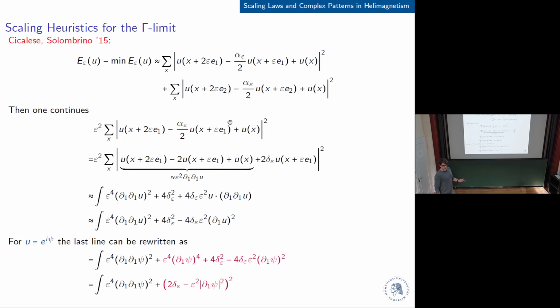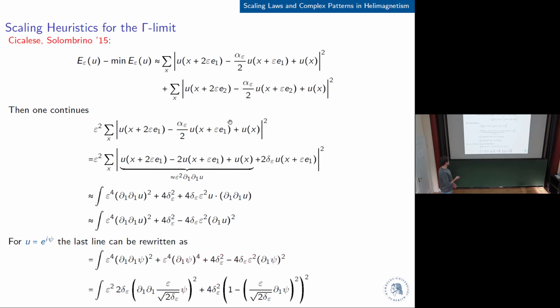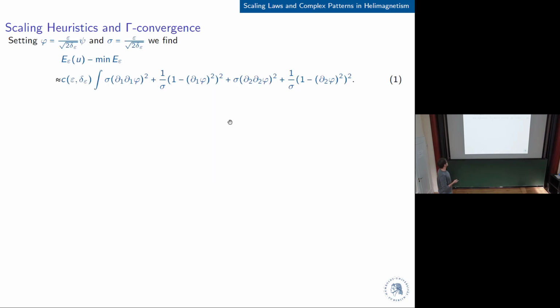Okay. And now the last thing to do is just to rescale the function psi in such a way that this should be an order 1 quantity. So essentially, you do that brutally, some way. Doesn't matter how it looks exactly.